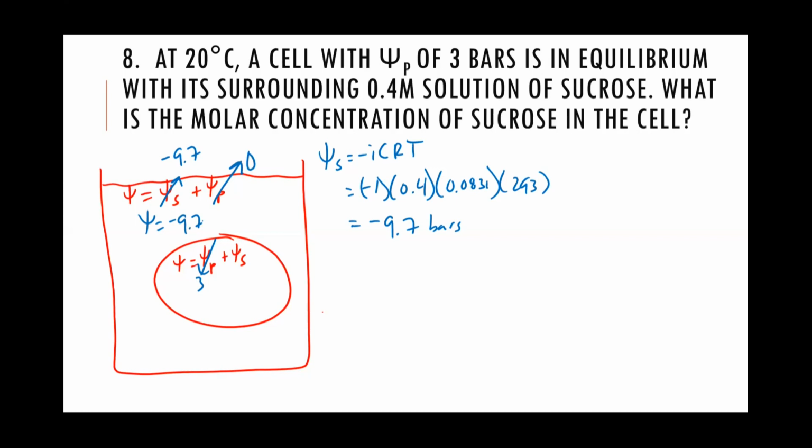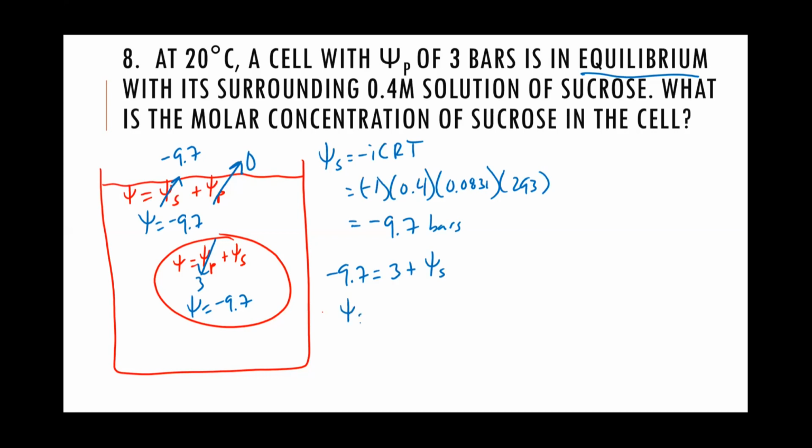Then we now know that since this is in equilibrium, the overall water potential is also negative 9.7 in here. So we can actually just go right to some algebra on this one to figure out the solute potential overall, right? And so negative 9.7 is equal to 3 plus whatever the solute potential is.